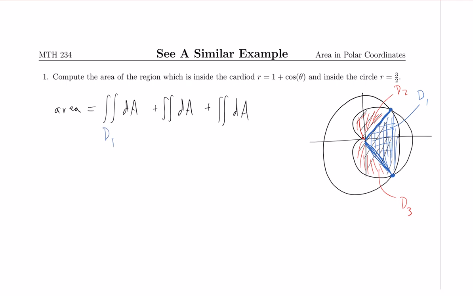And so we'll just integrate over all 3 regions. And notice by symmetry that the 2 red regions are actually the same. D2 and D3 are just reflections of each other. So these 2 integrals will actually give the same answer. So really we can just compute the area of D2 and double it. So this is how we'll compute the area.